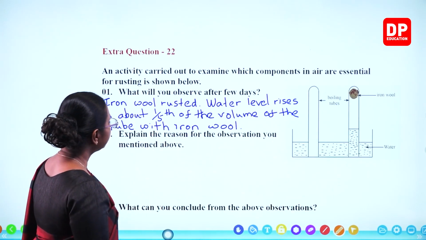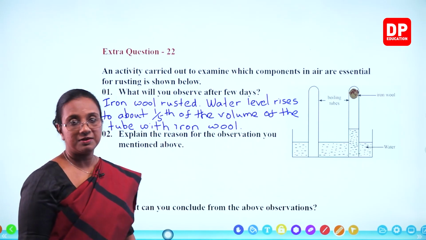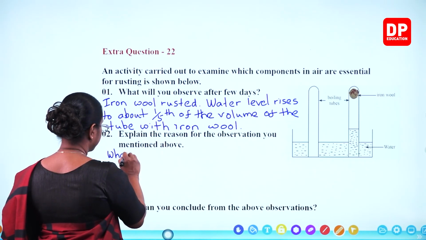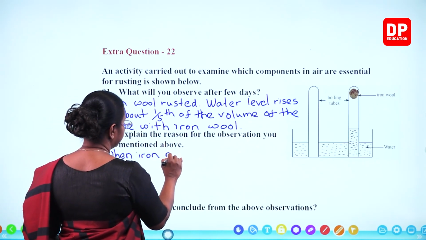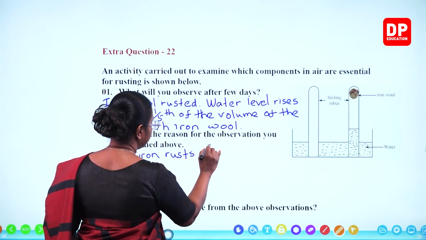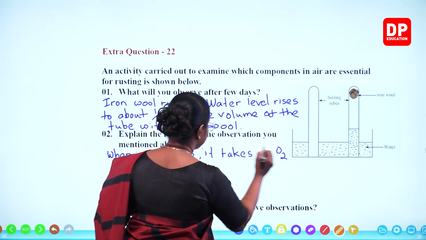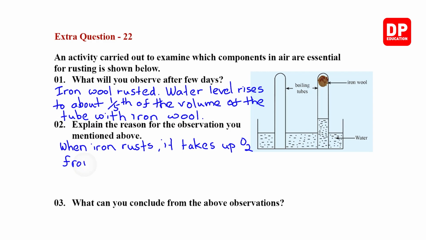Then explain the reason for the observation you mentioned above. So here we can say, when iron rusts, it takes up oxygen from air that is 1/5 of the volume of air.